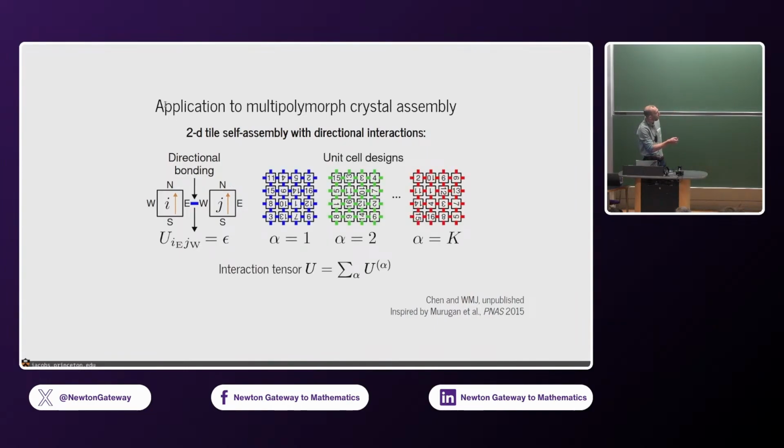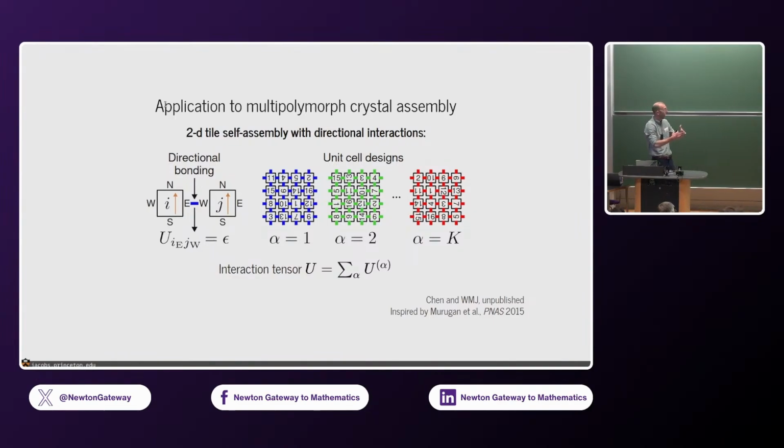But the key idea is that by introducing some directional interactions, you can now use permutations of the subunits as opposed to just composition of subunits in order to encode very many distinct structures, where the overall interaction matrix is just given by the union of all of these encoded designs. Right? So this is inspired by, again, this wonderful paper from Arvind.